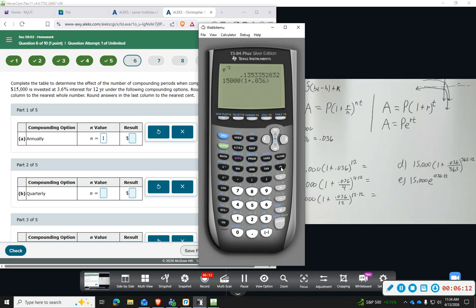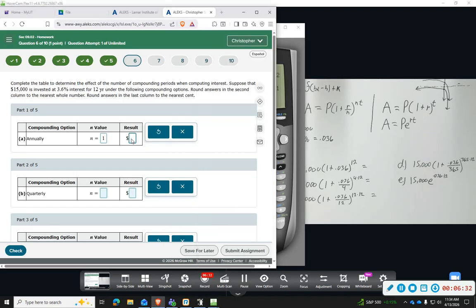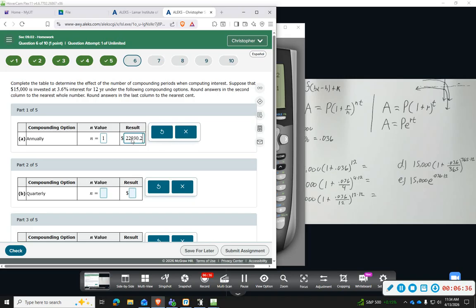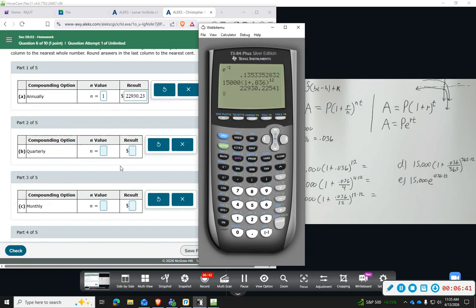We're going to raise that to the power of 12. 12 times 1 just be 12. And we want to round last column to the nearest cent, so 2 decimal places. So 22,930.23.